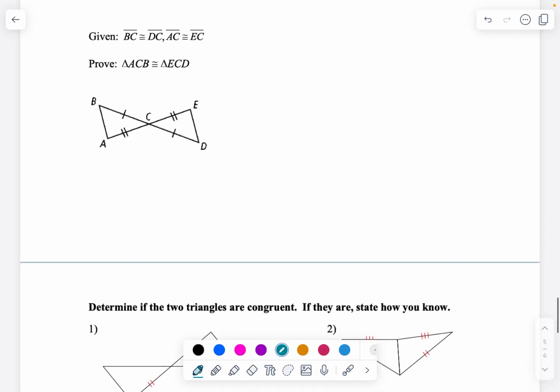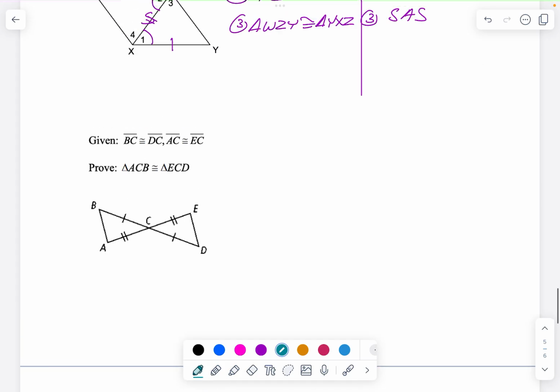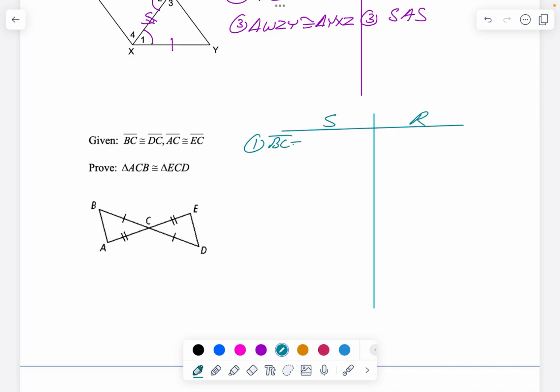Finally, we have BC congruent to DC, AC congruent to EC, all marked already. We want to prove the triangles are congruent.